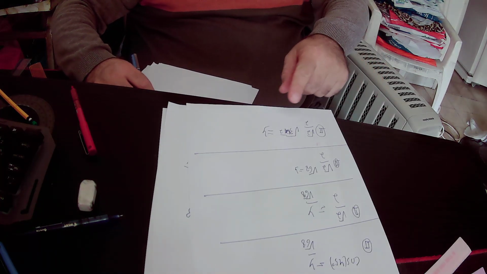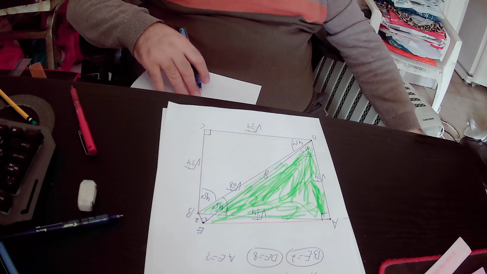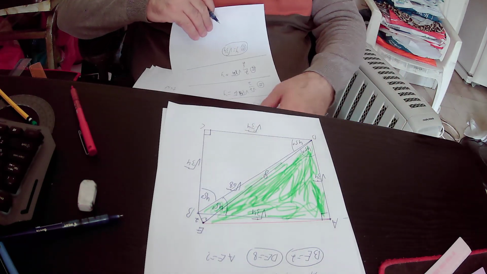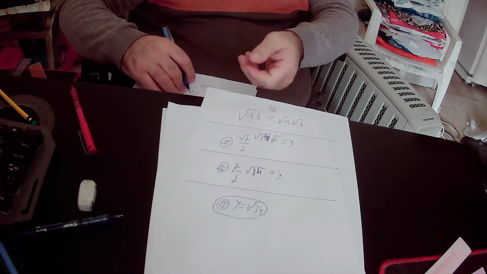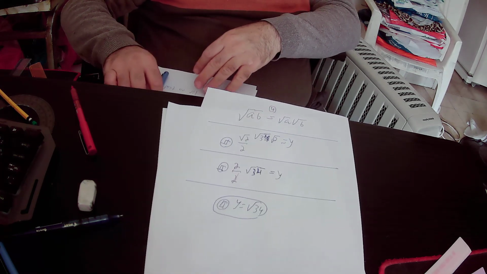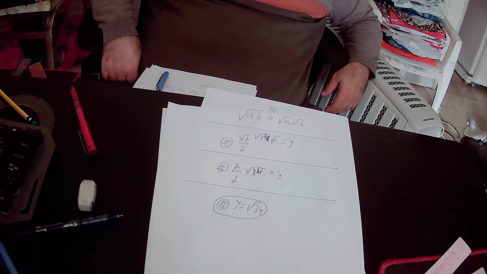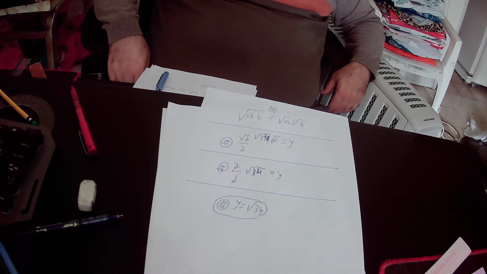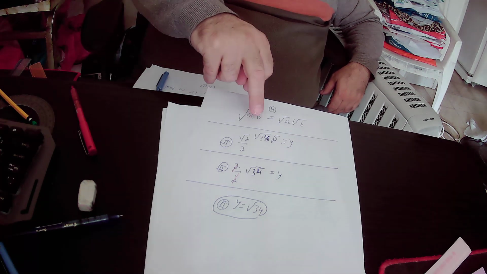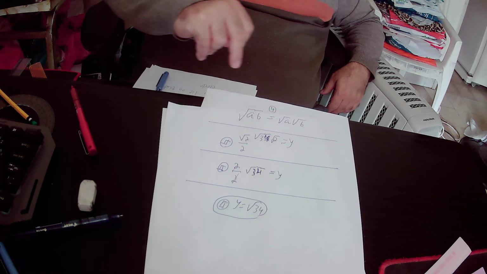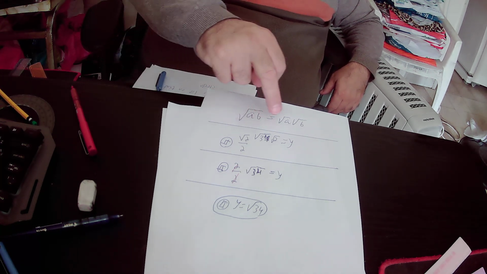And here we have the rule that square root of a times b equals square root of a times square root of b, so we can divide the root of 34 times 2 into 2 separate roots, and it will be equal to the root of 34 times root 2, and all multiplied with square root of 2 over 2 equals y.